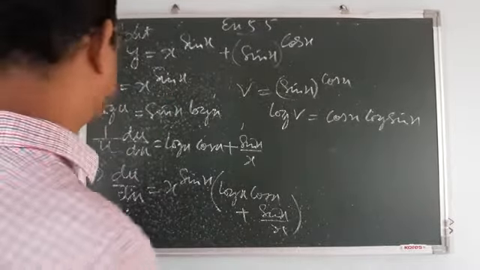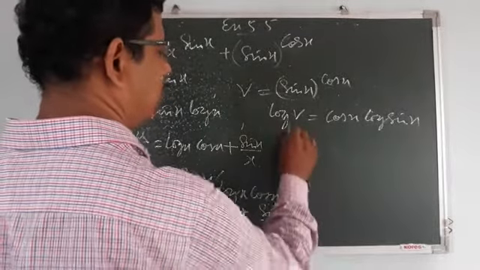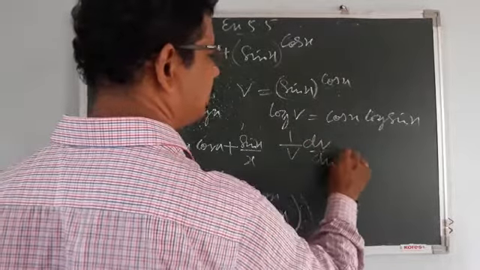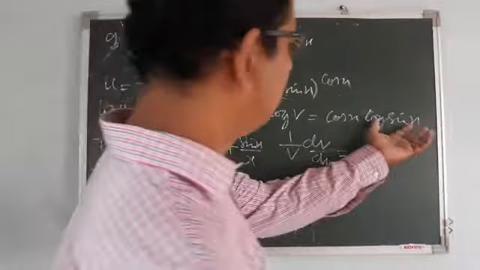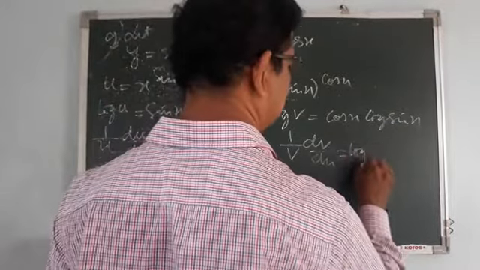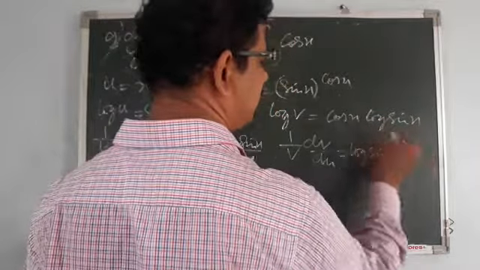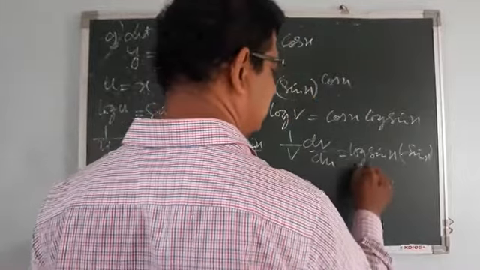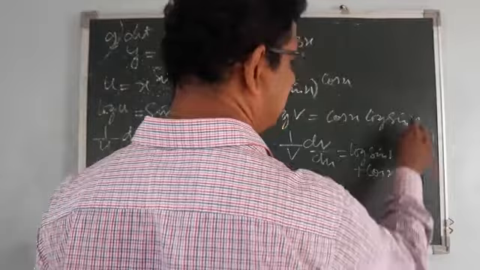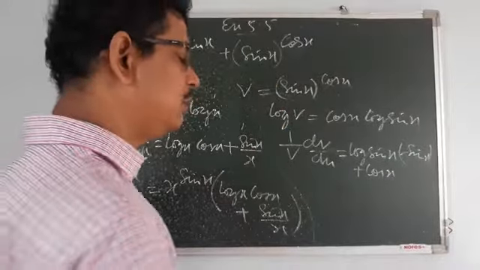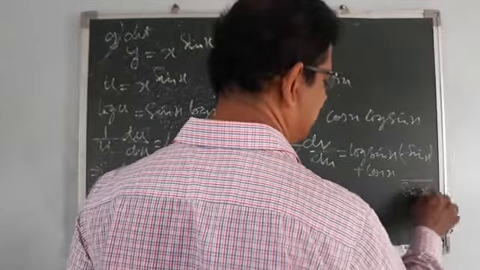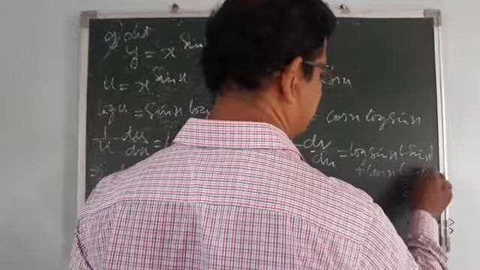Here if we differentiate 1 by v dv dx, now log sin x you keep as it is, differentiation of cos x will give minus sin x, then cos x you will keep, differentiation of log sin x will give 1 by sin x, and differentiation of sin x, that is cos x here.